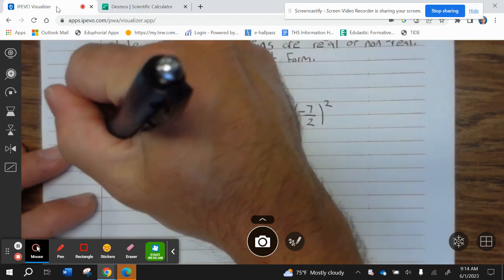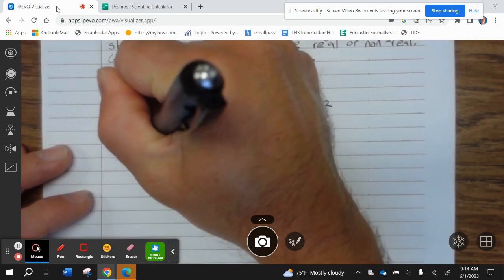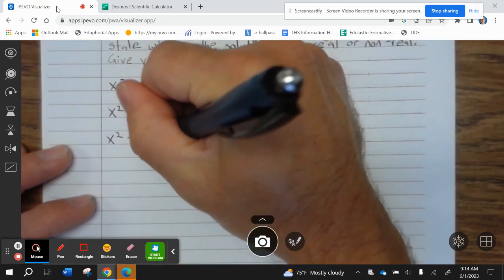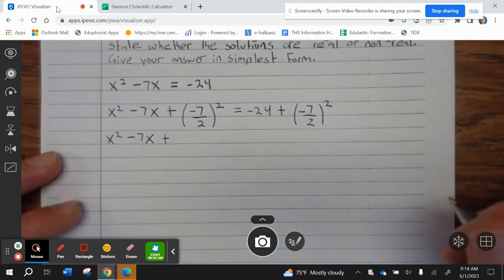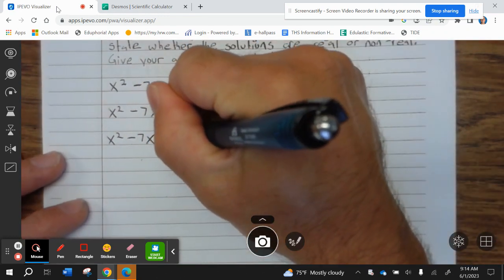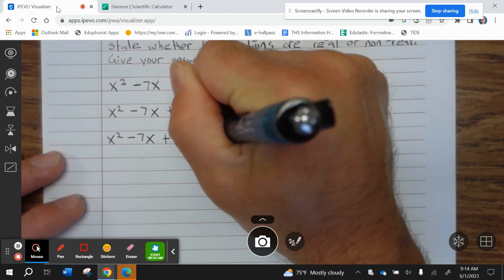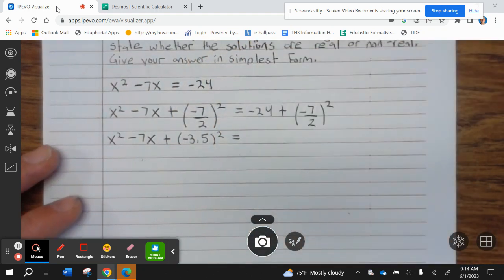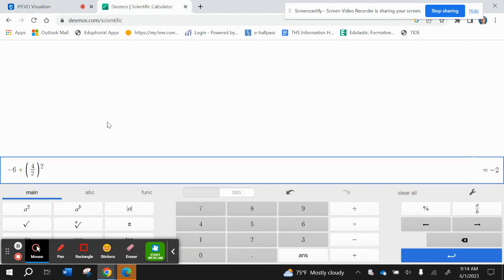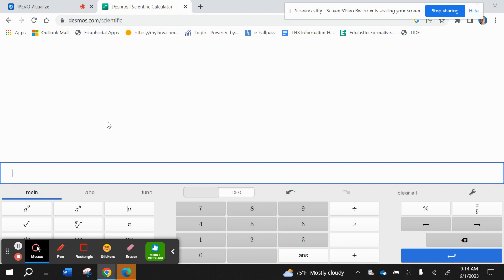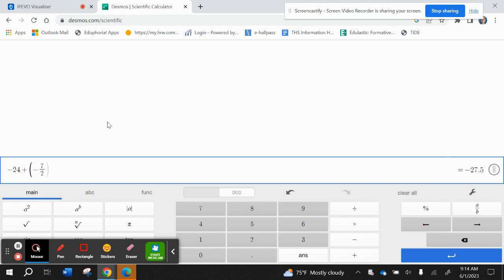So this is x squared minus 7x plus negative 3.5 squared equals, we can go and get that number. So negative 24 plus parentheses negative 7 divided by 2 squared is negative 11.75.